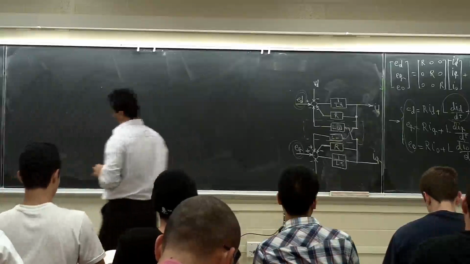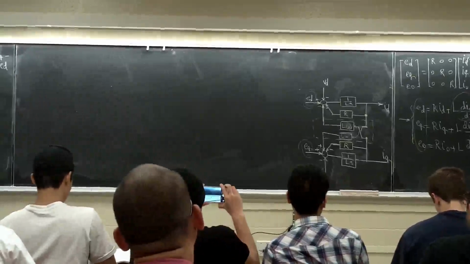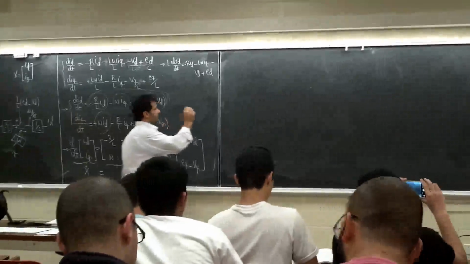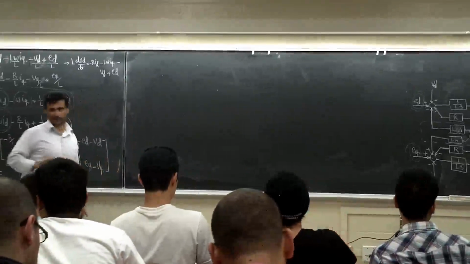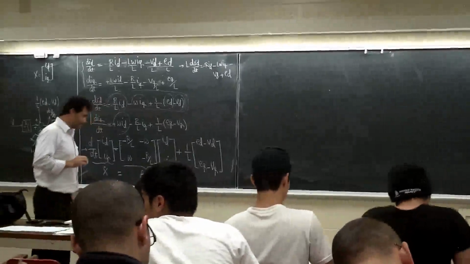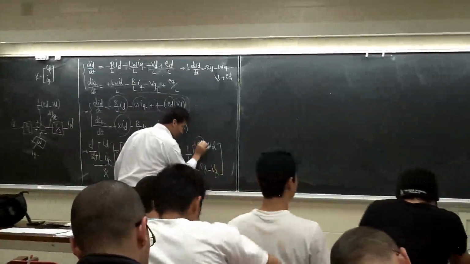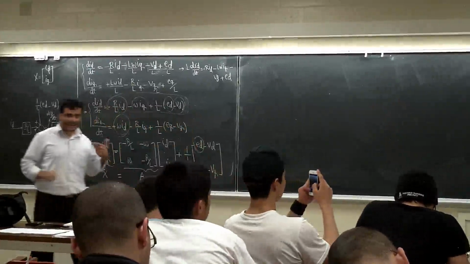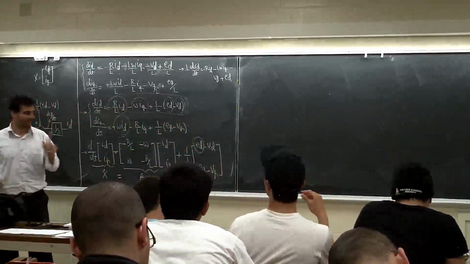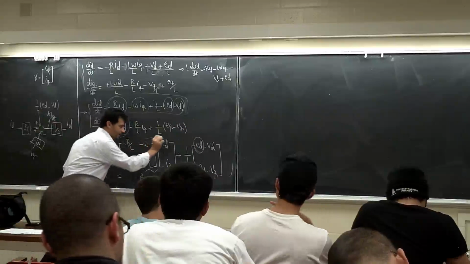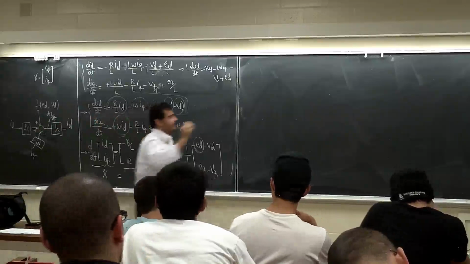Let me see how we can do it in the control system. Now, let me simplify this a little bit more. At the end we say the axes are aligned. Now, let's look at here. ED, I'm going to select it such that it gets rid of this term, sorry, minus omega IQ.